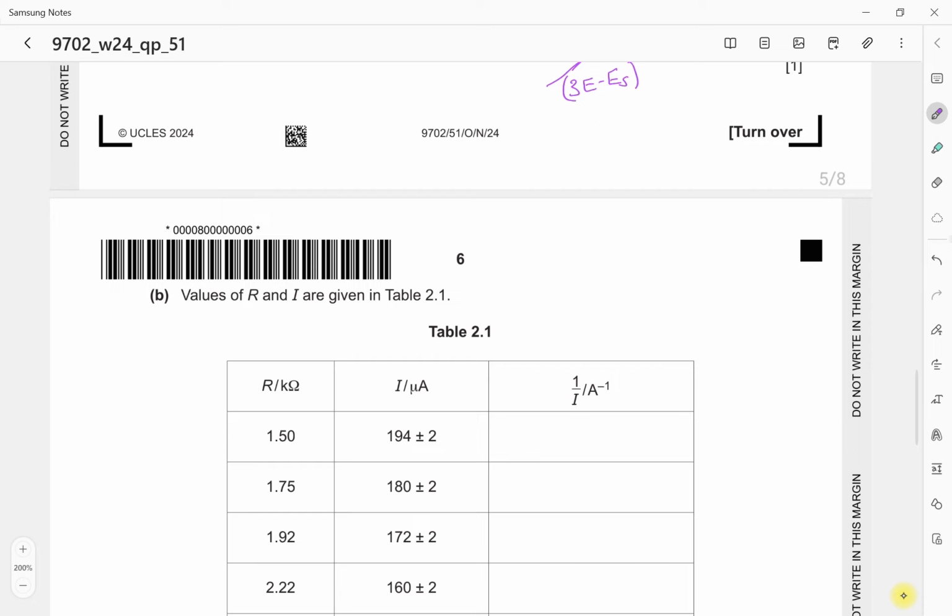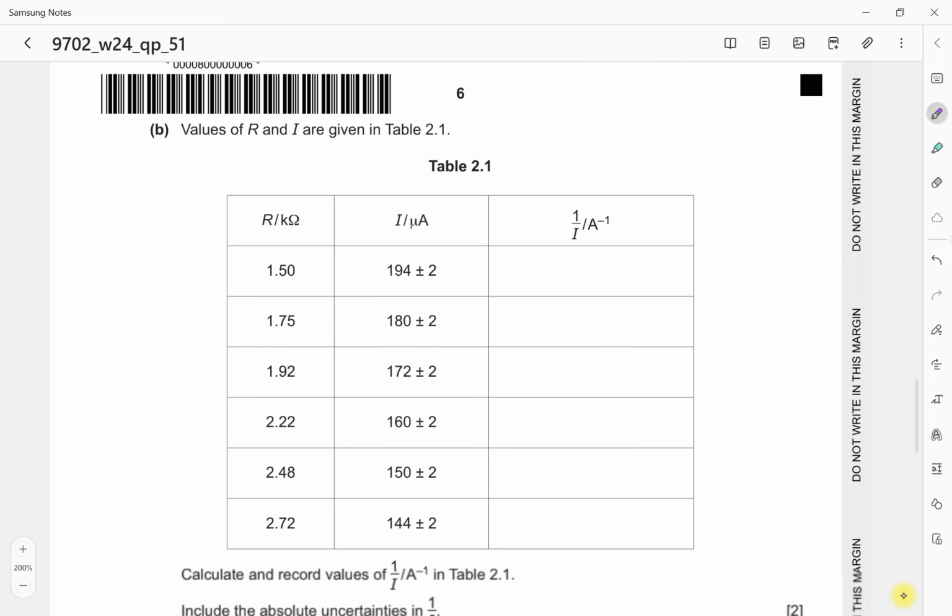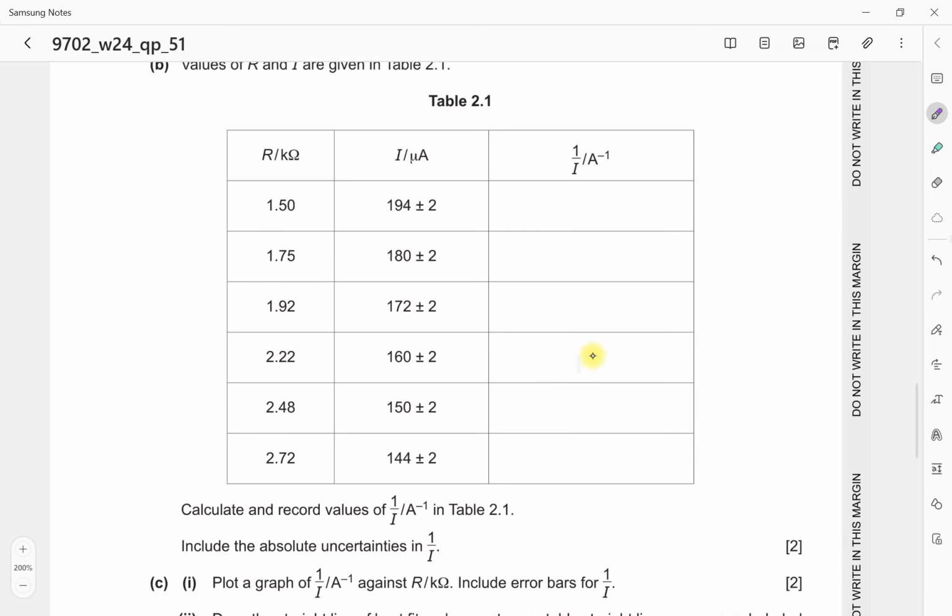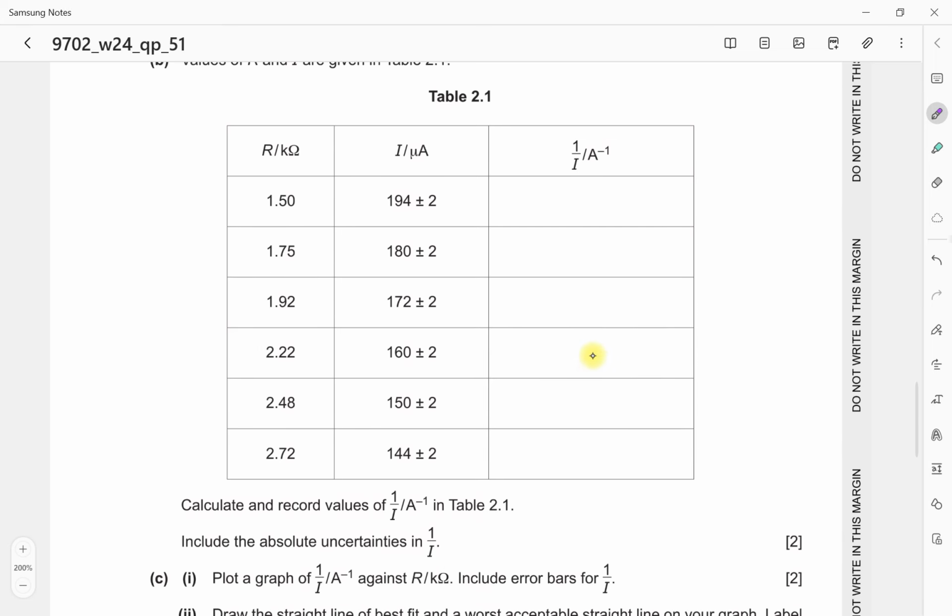Values of R and I are given in the table. So these are values of R, and they've given us the values of I. Calculate and record values of 1 over I in the table, and include the absolute uncertainties. So here are the rules of significant figures.